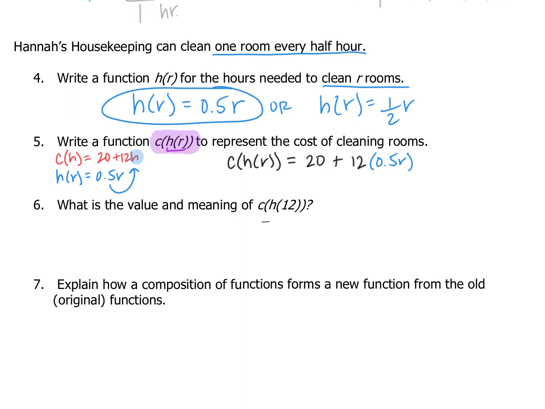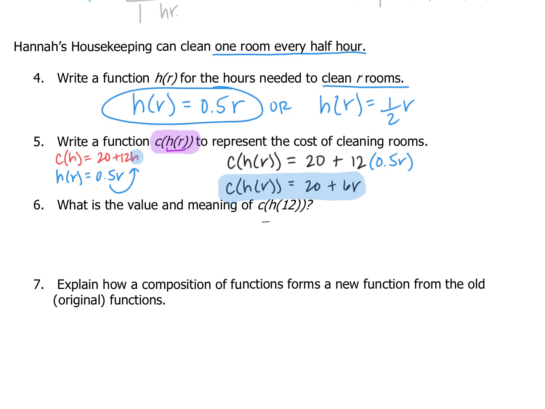So that way, I end up with C of H of R equals 20 plus 6R. That's what I'm looking for my answer, right there. This idea that we just applied, where we inserted a function into the variable's input of another function, that's called function composition. That's what today's notes are all about.